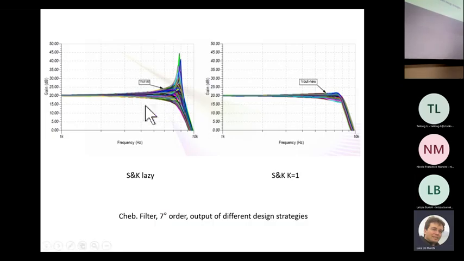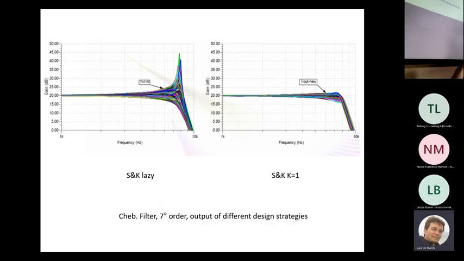You see the Sallen-Key strategy, which we are referring to as lazy, generates a huge variation in the actual behavior of the frequency response. While if we apply the smart strategy, still you can see some variation, but it is confined in a narrower band.